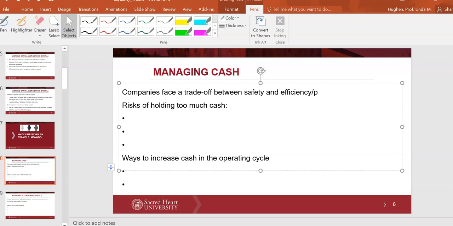We can call this efficiency or productivity or profitability. Similarly, the risks of holding too much cash: interest on debt. A company might have a lot of cash, but it also might have debt outstanding, and that interest on the debt is likely to be significantly higher than the interest revenue earned on cash if it's invested in, let's say, a money market account.